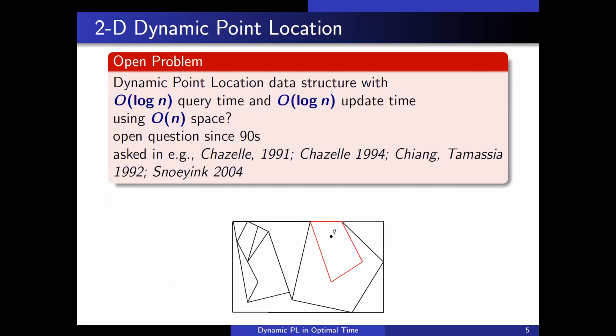In fact, the existence of a dynamic point location data structure with logarithmic query time, logarithmic update time and linear space usage has been asked as an open question at least since the early 90s. So probably for the first time, it was asked in the survey by Chazelle in 1991, then in another survey in 1994, and then also in several other surveys on computational geometry and dynamic data structures.